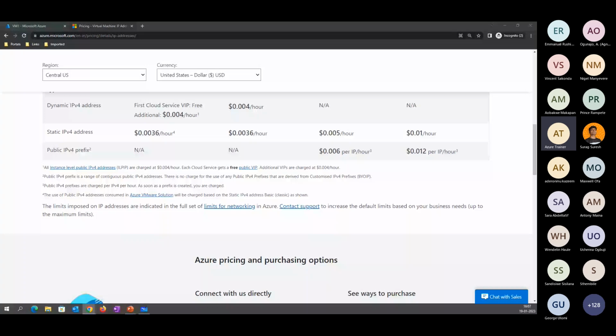So normally in an organization, they remove the public IP address from the VM to reduce cost. We'll use other mechanisms which allow you to connect to a VM, like Azure Bastion service, Azure Load Balancer, Azure Firewall, or you may have heard of another concept called a jump server or a gateway server.